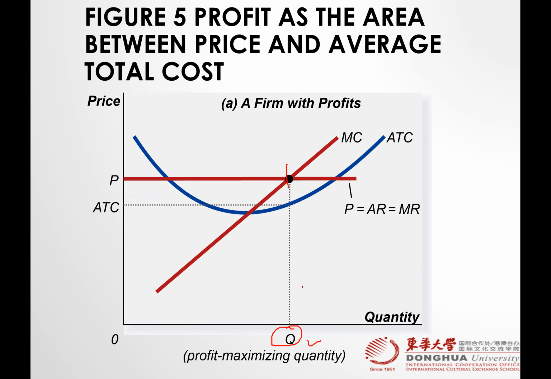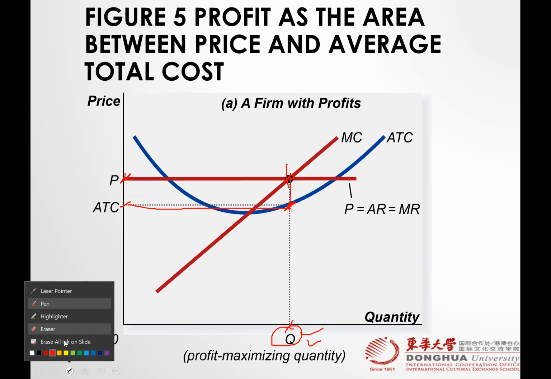So MC is equal to MR tells you about Q max, and the Q max will tell you how much profit you get. So by producing the Q max, that would be the production cost. So you find out here, and that is the price here, right? So this rectangle, I think I have here in a very nice drawing.